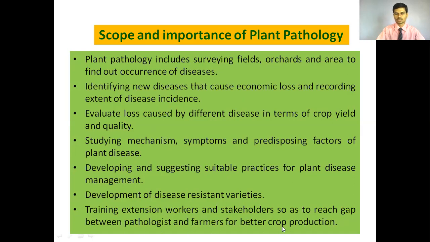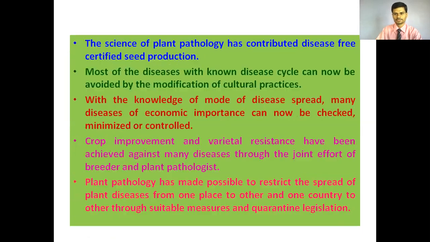Normally the technique developed in the lab does not reach the land. To overcome this lacuna, there must be training for workers and stakeholders. They meet the farmers and tell them about the lab experiments and techniques developed, and only then does the farmer adopt that technology and apply it in the field.